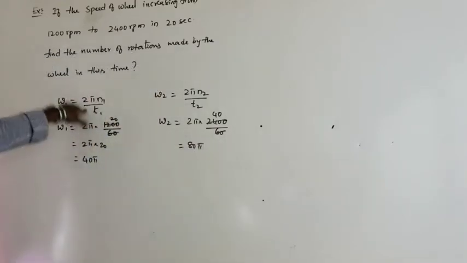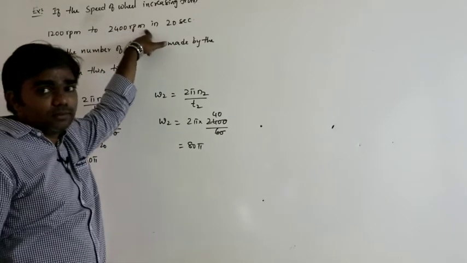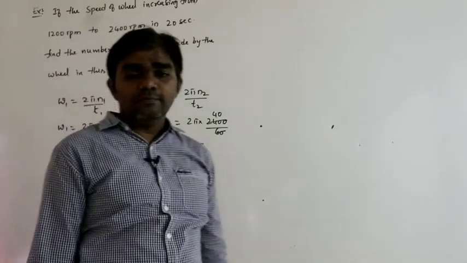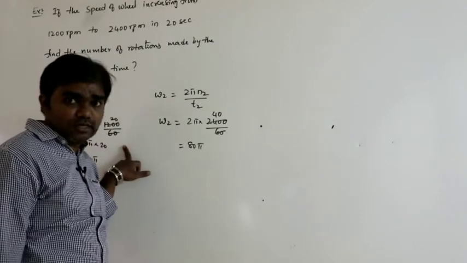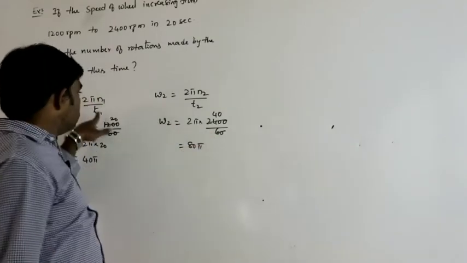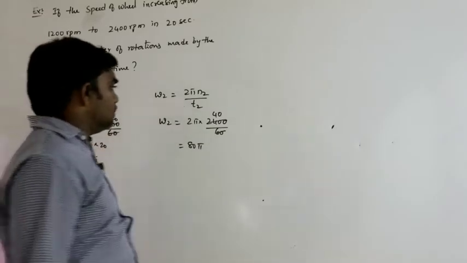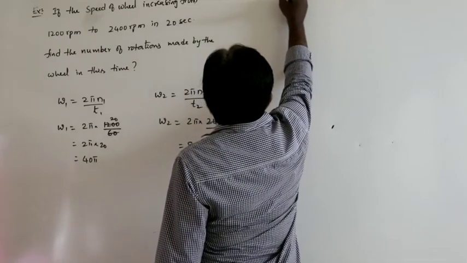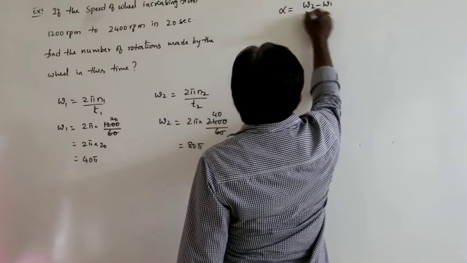This is the omega 1 value for 1200 rotations per minute, and omega 2 for 2400 rotations per minute. So rotations per second we have to calculate: 1200 by 60 is 20 rotations per second, and 40 rotations per second. So the angular velocity formula is 2 pi n1 by t1 or 2 pi n2 by t2. And we know that the angular acceleration alpha can be written as omega 2 minus omega 1 by t.